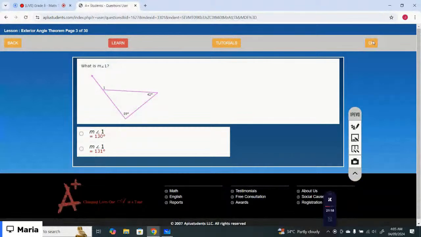Which is the correct option? That is 89 degrees plus 42.